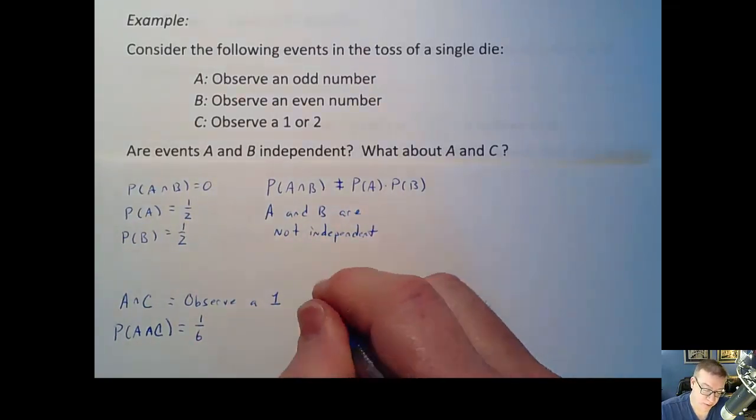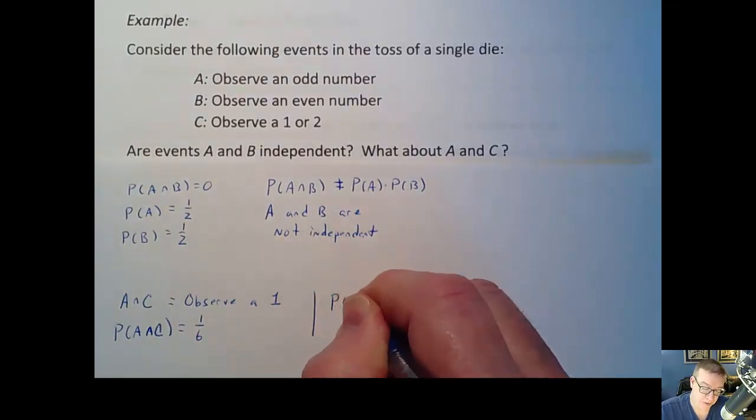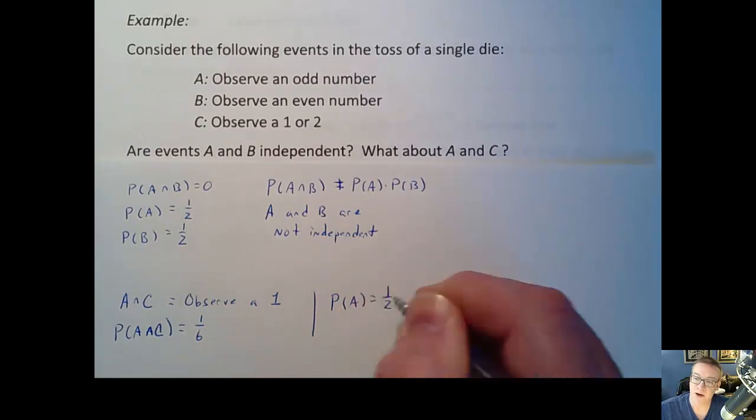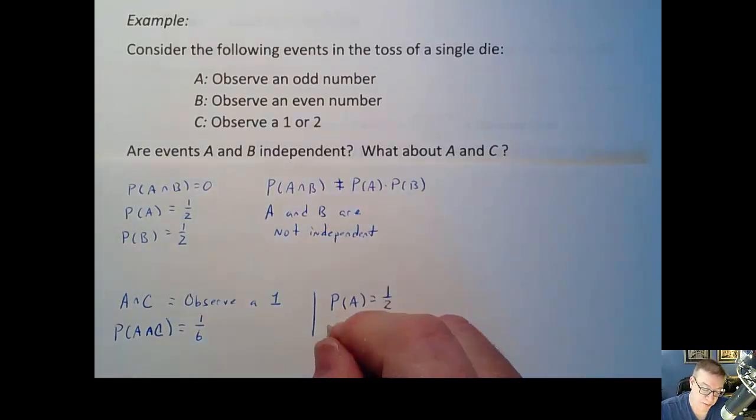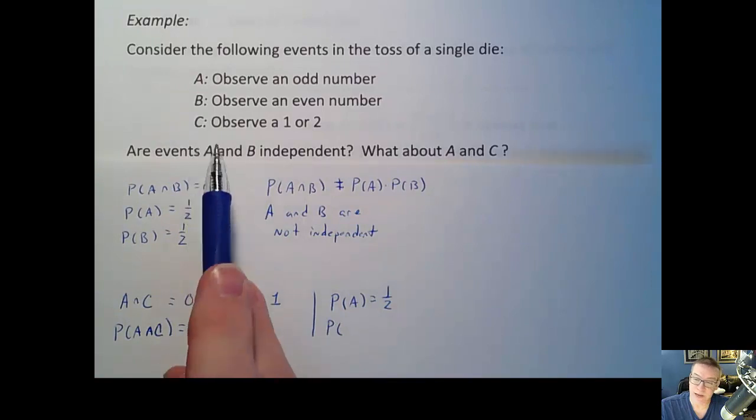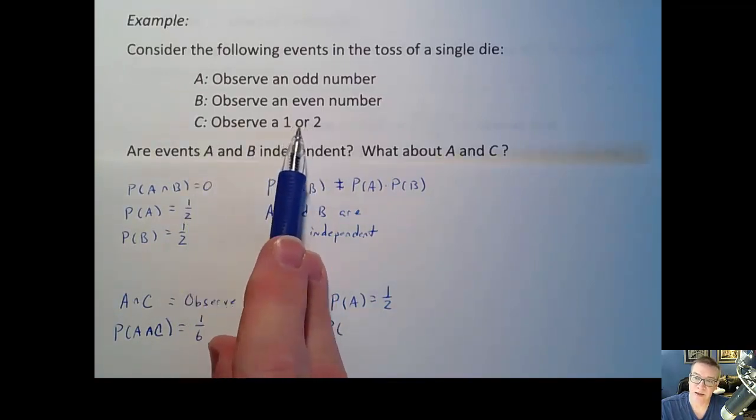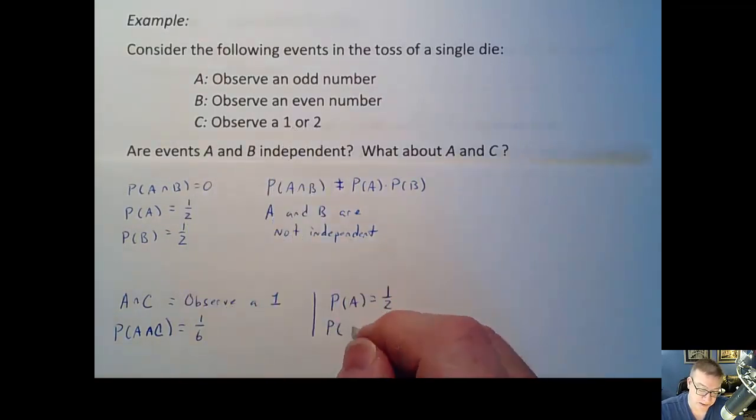Now let's think about the probability of A. We've already seen that equals 1/2. And the probability of C, there are 2 sample points in our event C, and so that gives us 2 out of 6, which is 1/3.